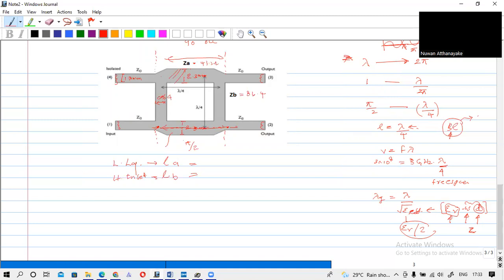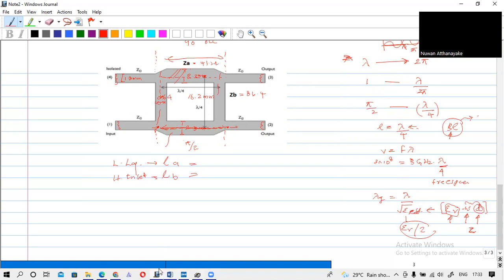If I put a line here, this is the middle line of this coupler. So this point to this point length will be 16.2 millimeter, correct? In the same way, you can find the length of this one and this one also.